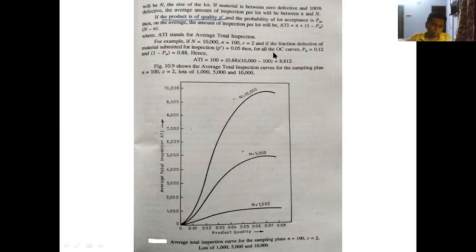How to determine the sample size and the cutoff value or the acceptance number, I will discuss later, in the next few slides, in the next session. As of now, you just consider that your small n and small c are given. So if you are given the product quality, then you can find out your average total inspection.